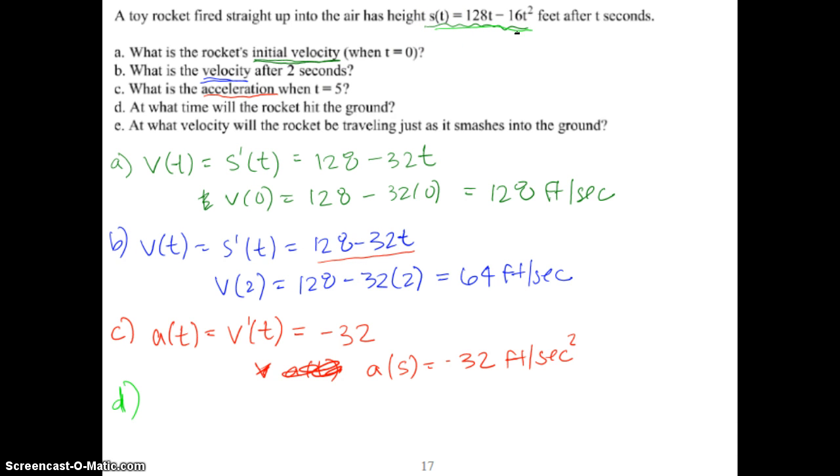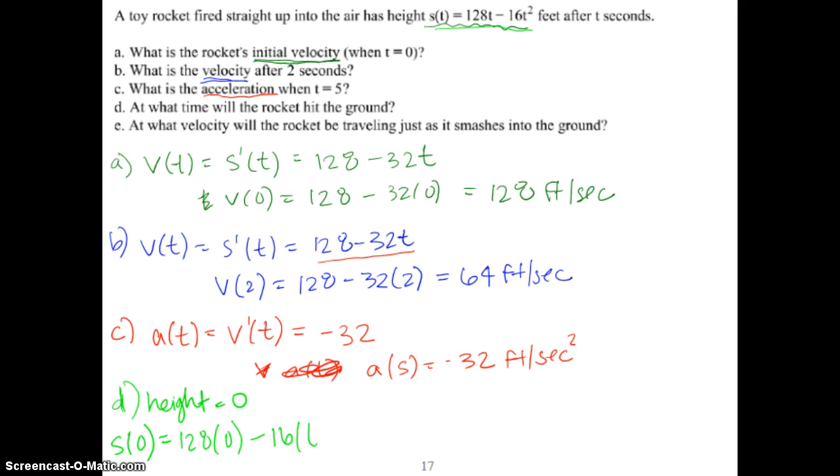And when the rocket hits the ground, the height is going to be 0.